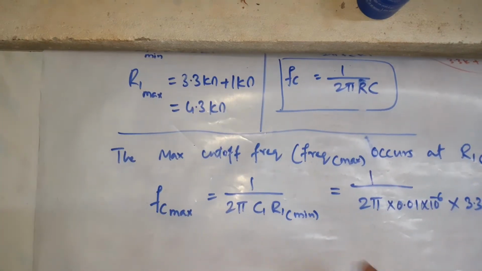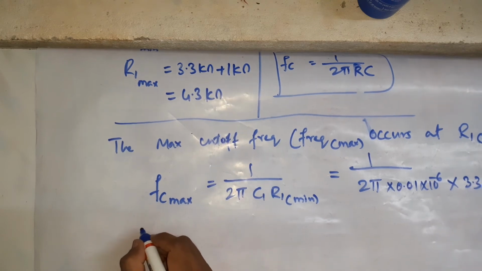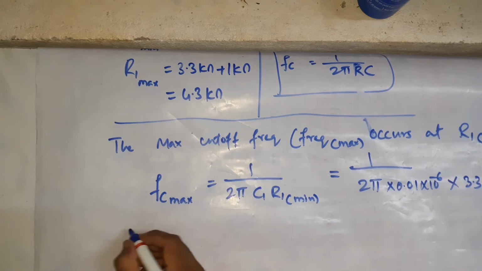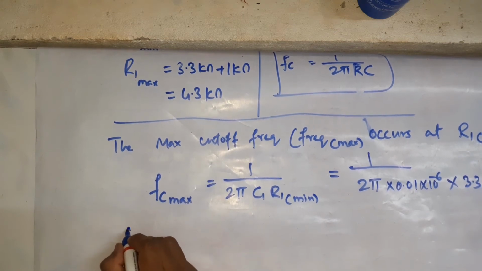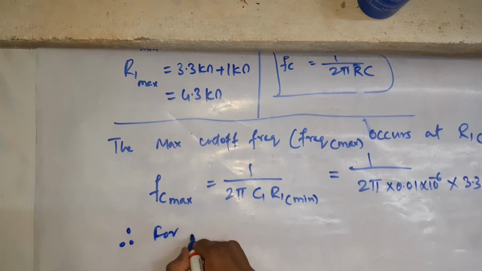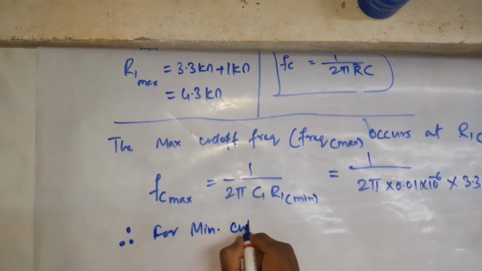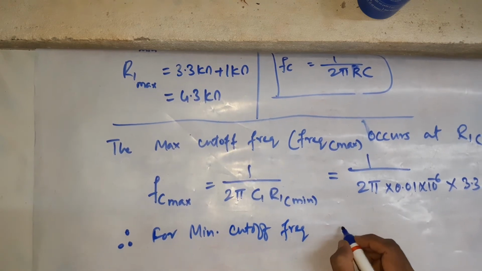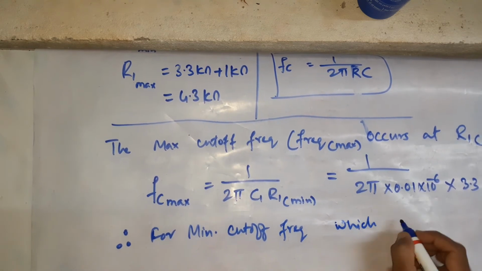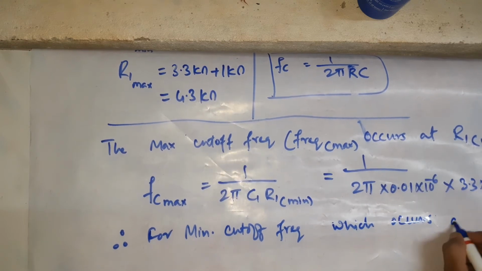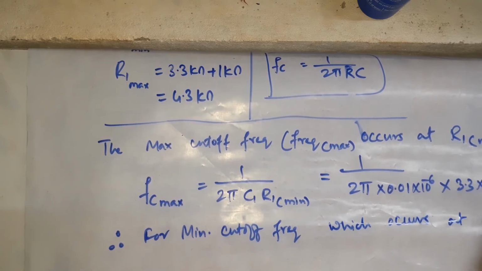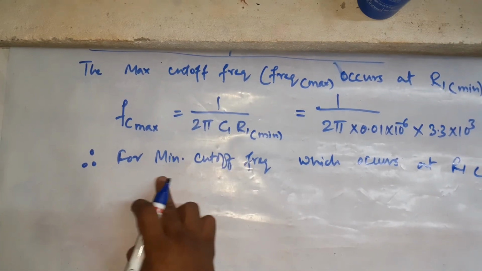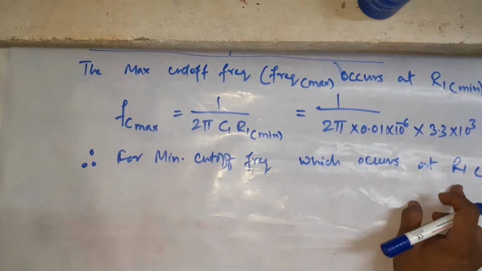Now similarly, let us find the minimum cutoff frequency, which occurs at what? R1 maximum. Minimum cutoff frequency occurs at maximum resistance.